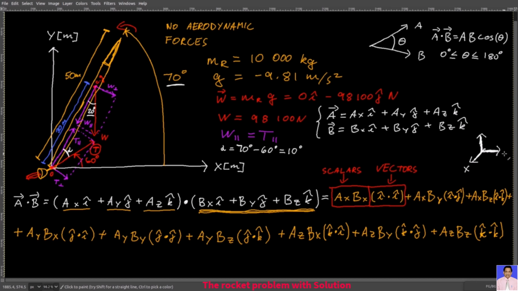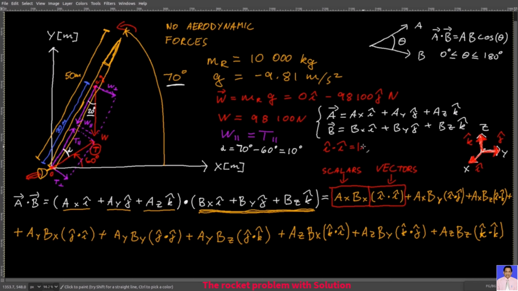Remember, this is your x, y, and z coordinate frame. So this is your i unit vector, this is your j unit vector, and this is your k unit vector. And so they have their directions. And so, for example, what would this one be? i dot i.